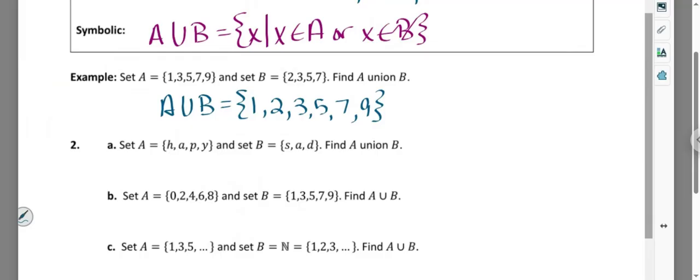If there are duplicates, you don't list it more than once. Just like the letters that make the word happy, there's 2 P's in that word, but we only list the letters that make the word. So on number 2, find the union of each of those sets.